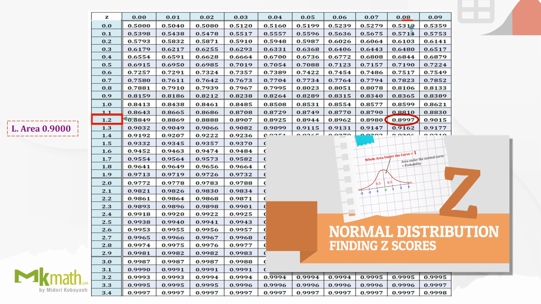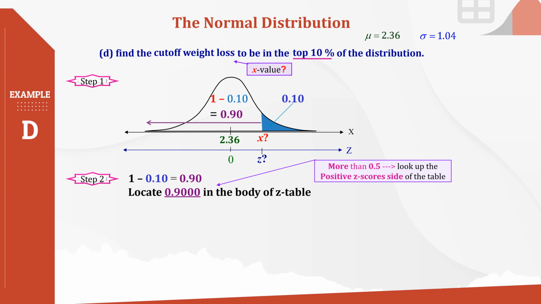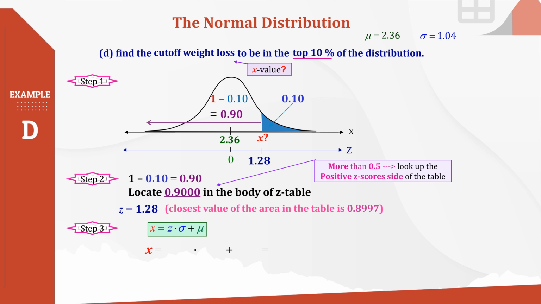If you are not sure about this procedure, please watch a separate video called The Normal Distribution: Finding Z-Scores for more examples. We found 1.28 as a z-score using the closest left area of 0.8997. For the last step, find a cutoff value for top 10% using the formula as shown.